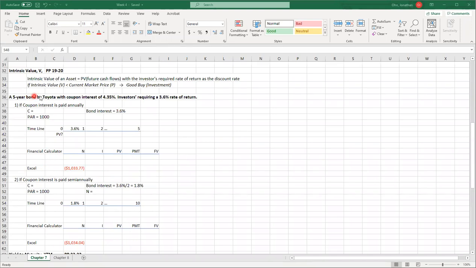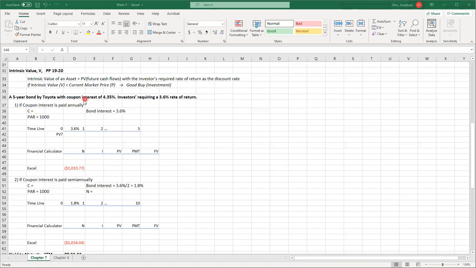Now, let's do a calculation. A 5-year bond by Toyota with coupon interest of 4.35%. Investors' required rate of return is 3.6%. Okay, that's pretty good. One thing about this: this is the coupon rate, right? Coupon rate is not the bond interest rate. This is just the coupon interest rate. It is used only to determine the amount of coupon payment.